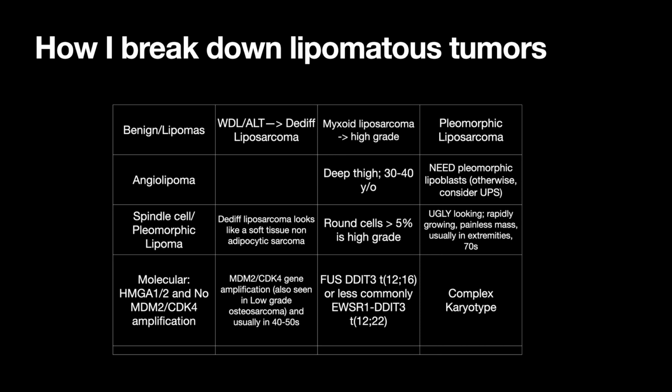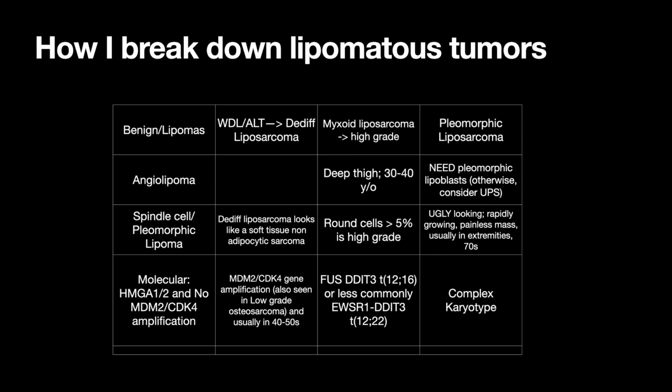And then more on your cancer categories, you'll have your well-differentiated liposarcoma, atypical lipomatous tumor, that can become a D-diff liposarcoma. I like to think of this as a spectrum, based on when you sample it and whether it de-differentiates.